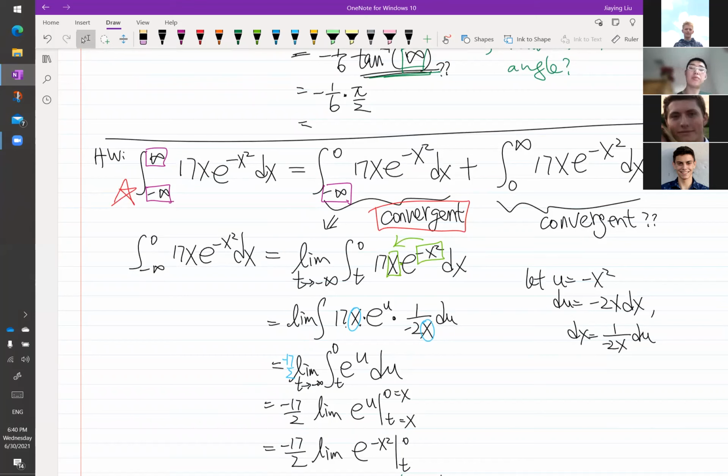So negative 17 over 2 is the value for the first integral. Then you still have to figure out what that second one is. Maybe it's not convergent, right? We don't know. But if you follow the steps I did, you should be okay to figure out the second part.